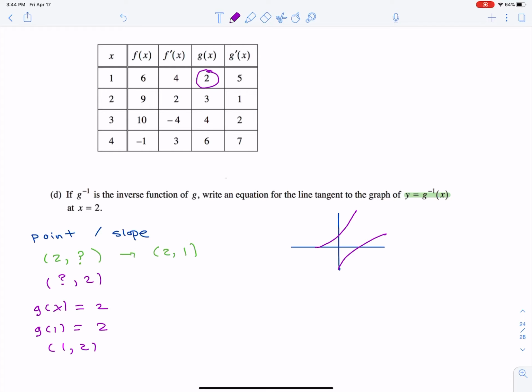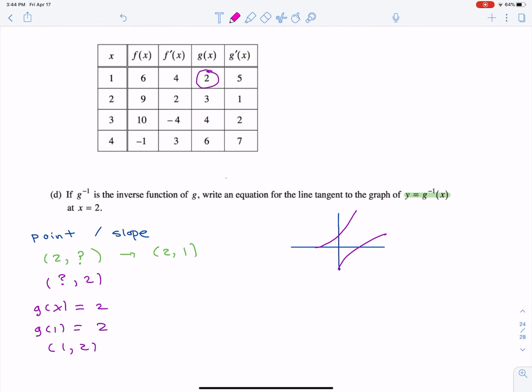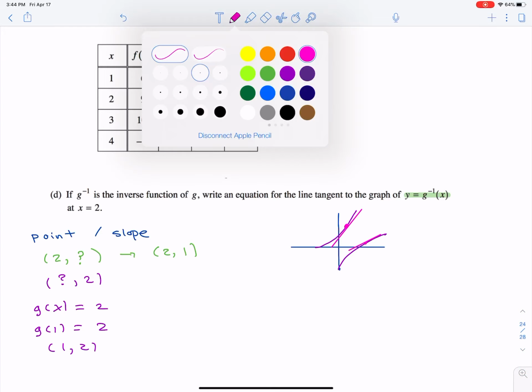If I know the slope of the tangent line to function 1, so let's say it passes through the point 1, 2, and I know the slope of that line, so let's say the slope of that line is like 2, then I know the slope of the line that passes through the point 2, 1 is going to be the reciprocal, right? So if I said 2, it's now going to be 1/2. So what I'm going to do is I'm going to say the following.